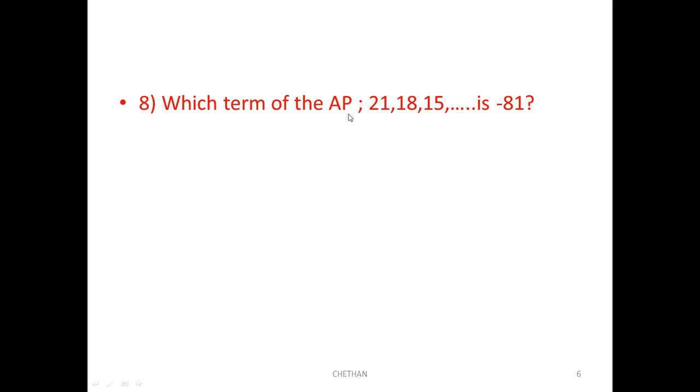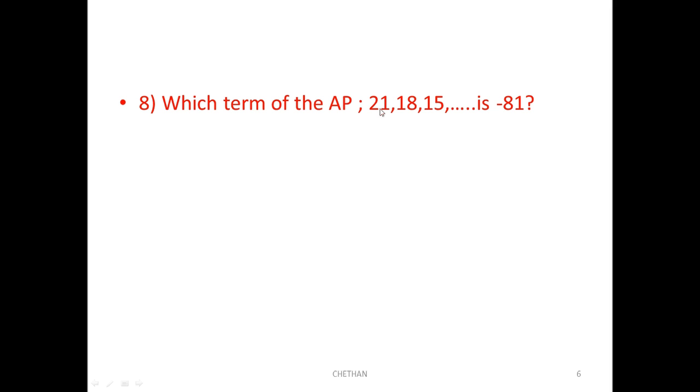Which term of the AP 21, 18, 15 is minus 81? In the previous problem what we have done, we have to do the same method here. Which term means we have to find the n value, because here they have given one AP.